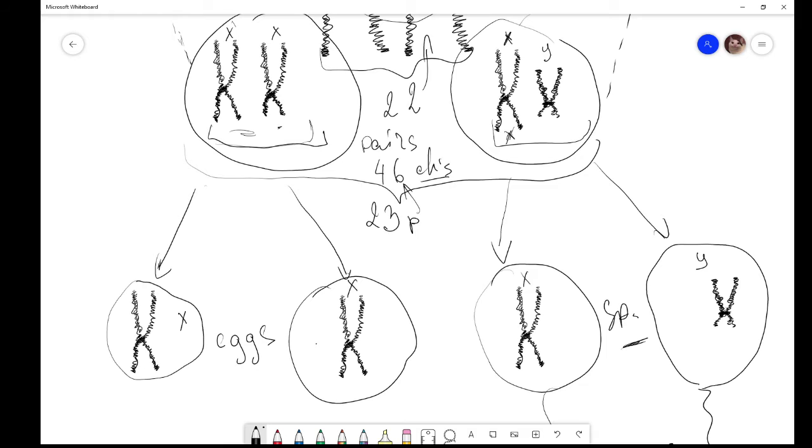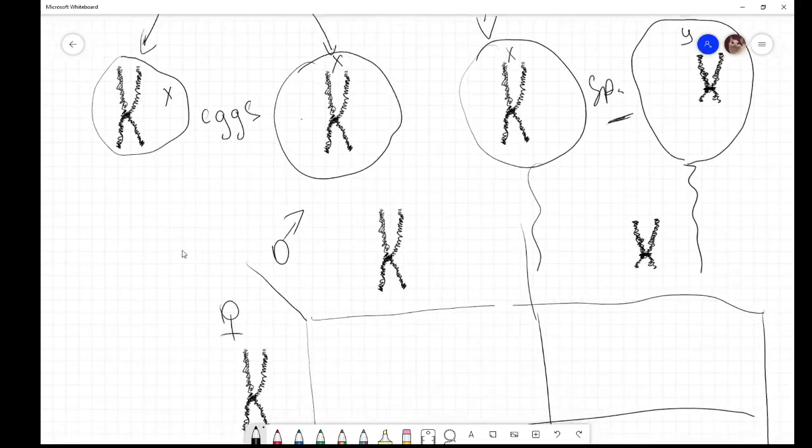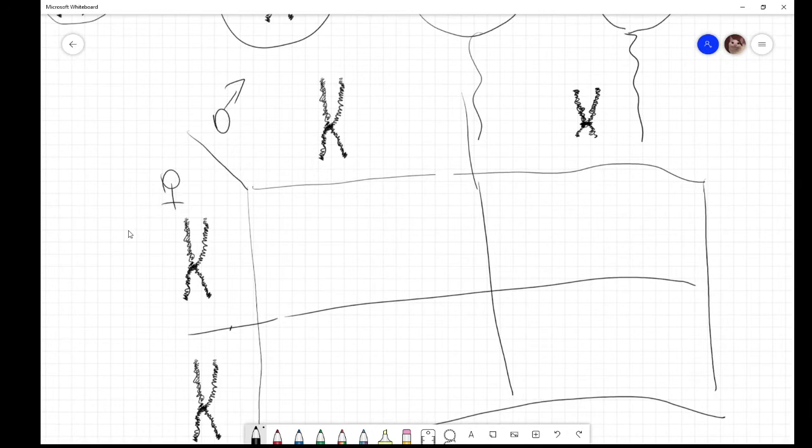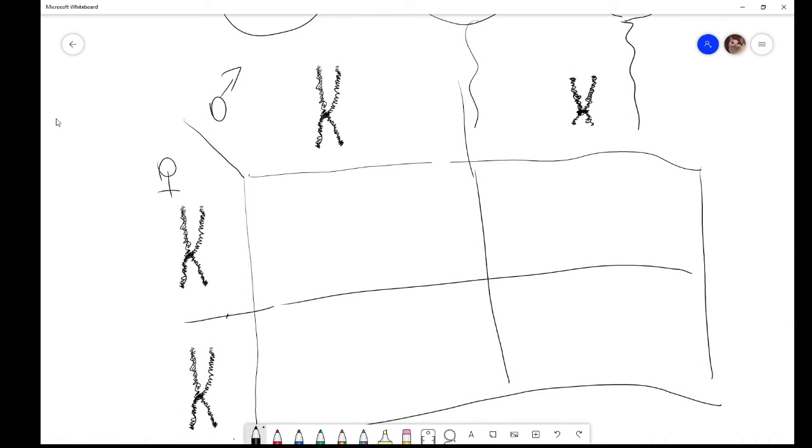From the offspring perspective, the female will have inherited one X chromosome from the mother and the other X chromosome from the father. As you can see, this is a Punnett square.